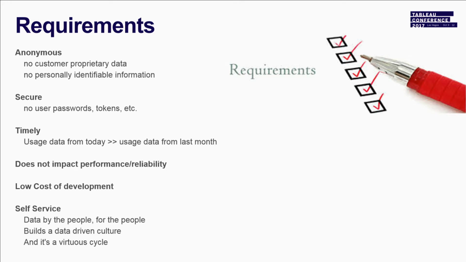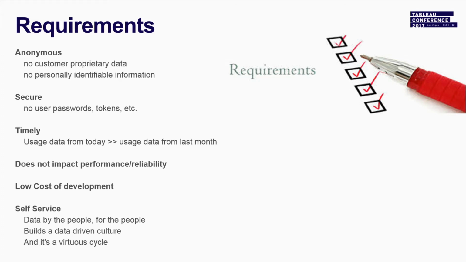We'd also like this data to be available in a quick fashion, and we want to do it in such a way that this data gathering doesn't impact performance of the product. Because there's really no point in gathering data about how people feel about the product while you're making it worse. So we don't want to do that.